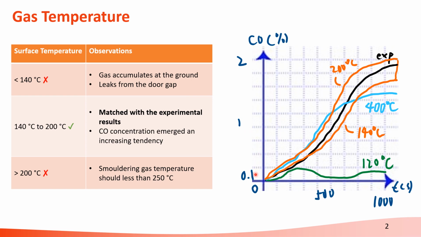As you can see in this green curve, this is a flat curve, and the carbon monoxide concentration is sustained at around 0.1%.